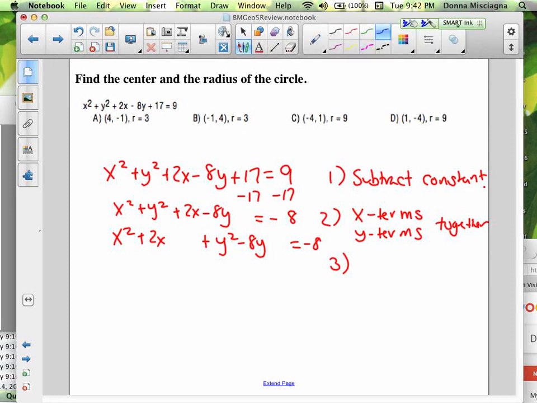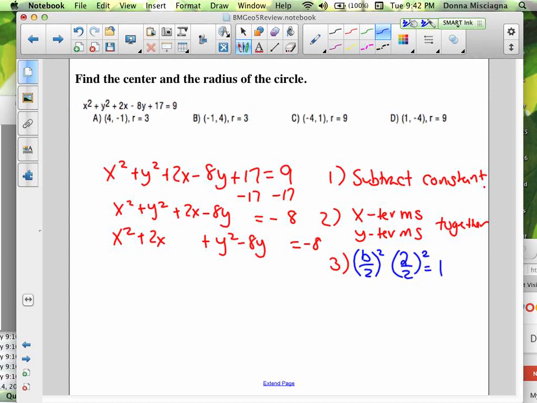Well, always we're going to take our b term, the coefficient in front of x, divide by 2 and square. That's the value that will make a perfect square. So for the x's, our b is 2. We're going to divide 2 by 2 and square, which gives us 1 squared, or 1.